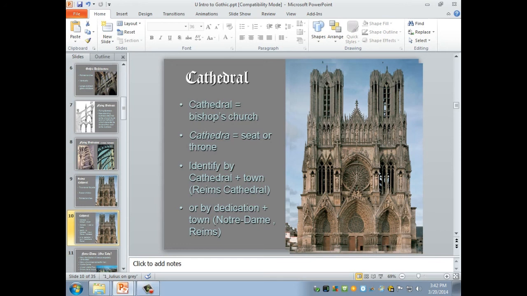You can think of the dedication as the name of the church, but it's essentially the saint or event to which it's dedicated. So you can give the dedication or the name and the town. So if you were to say Notre Dame du Reims or Notre Dame at Reims, we would know which church it is, because a cathedral, of course, has a designation. It has a dedication. It has a name.